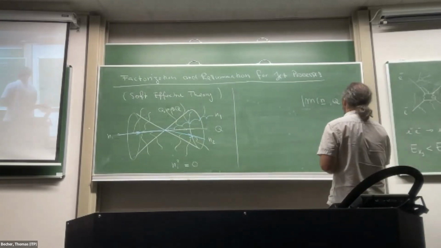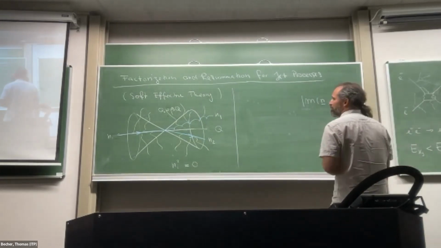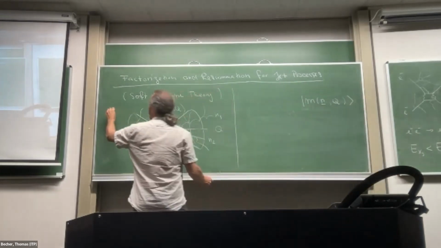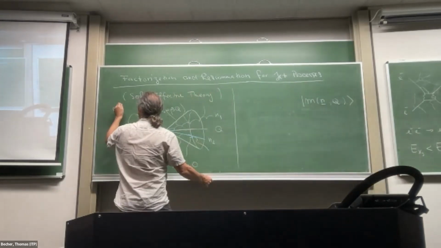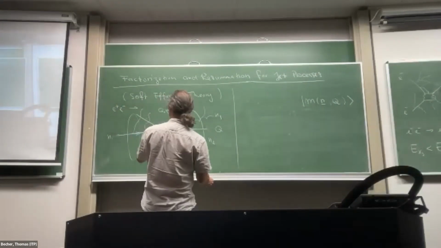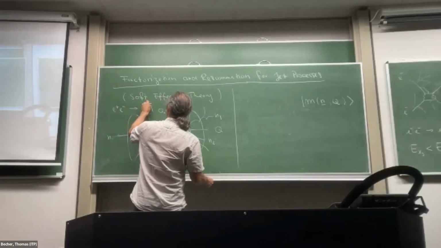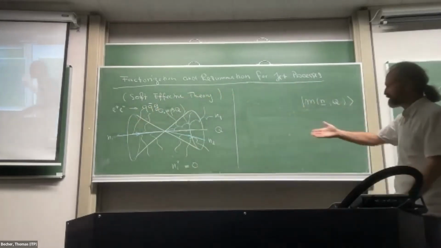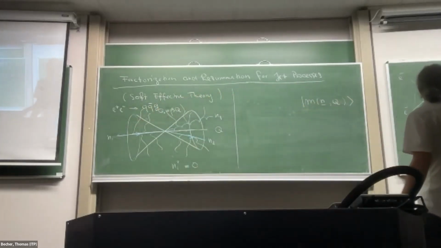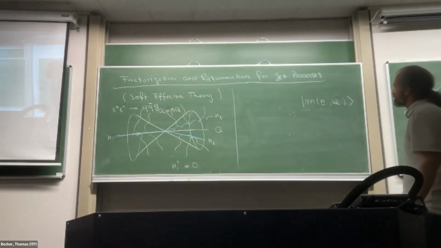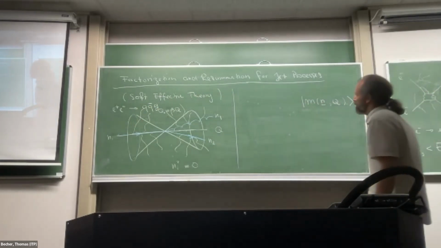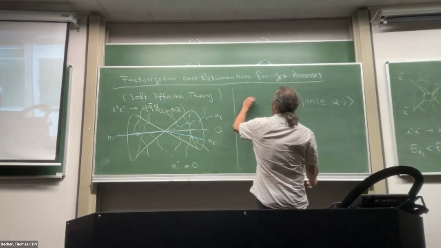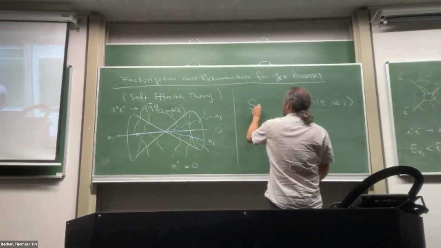So this is this amplitude, E plus E minus going into 2 quarks and a gluon. That is the thing we look at the moment, but of course we could also take some other configuration. And then I have to decorate this with Wilson lines. Let me write the Wilson lines and then explain a little bit.